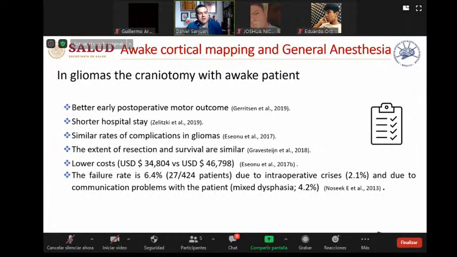Even if we compare awake cortical mapping versus general anesthesia in patients with gliomas, it's better to have the early postoperative motor outcome. Of course, the duration of hospitalization is shorter, but interestingly, the complication rates in gliomas and the progression-free survival are similar, with lower costs, and the complications during this mapping are relatively low.